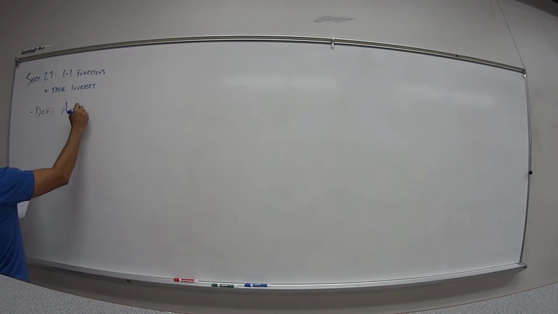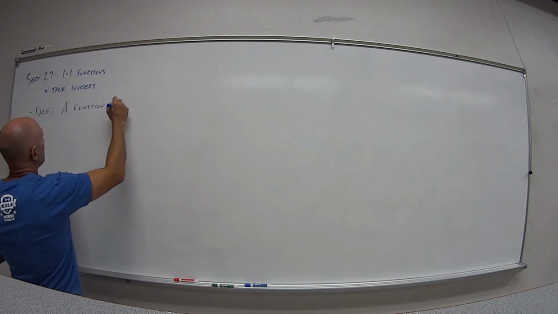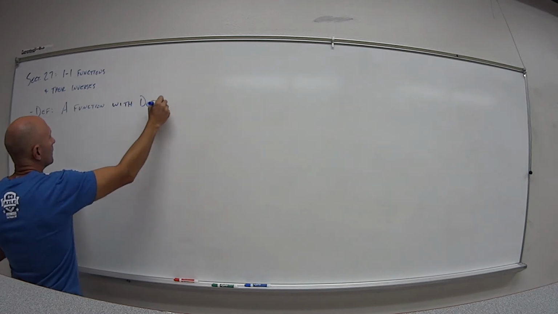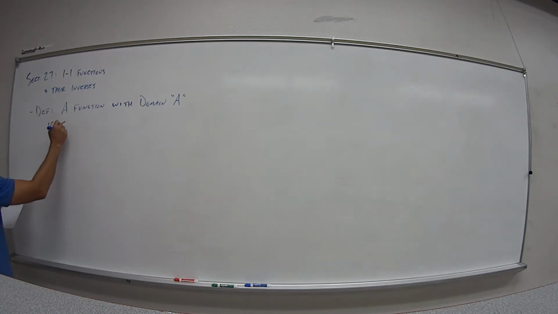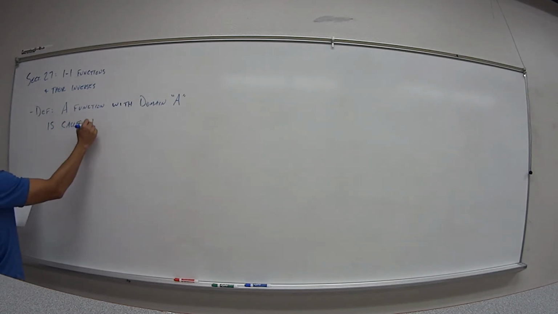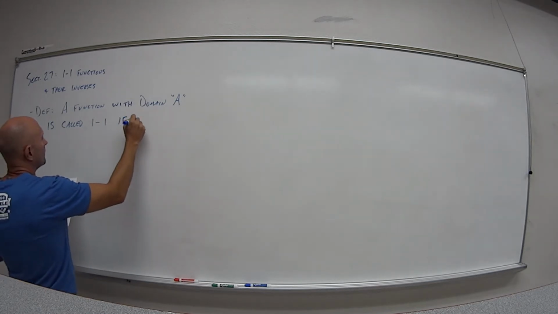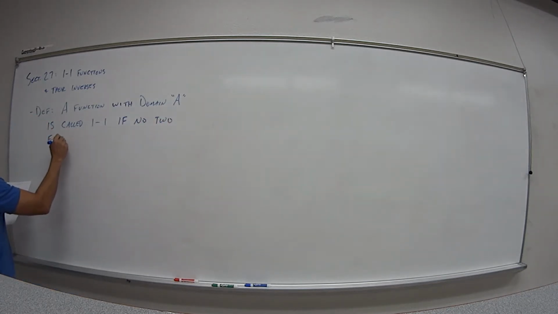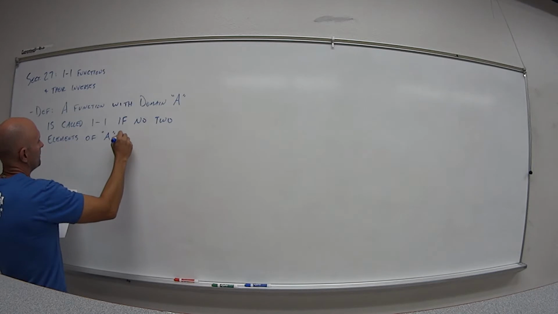So a function with a domain A is called one-to-one if no two elements of A, our domain, have the same image.